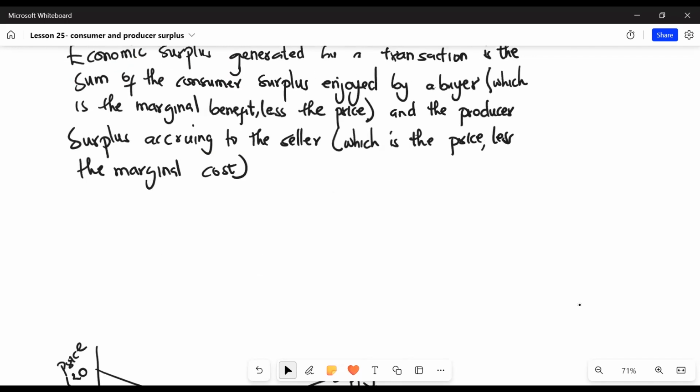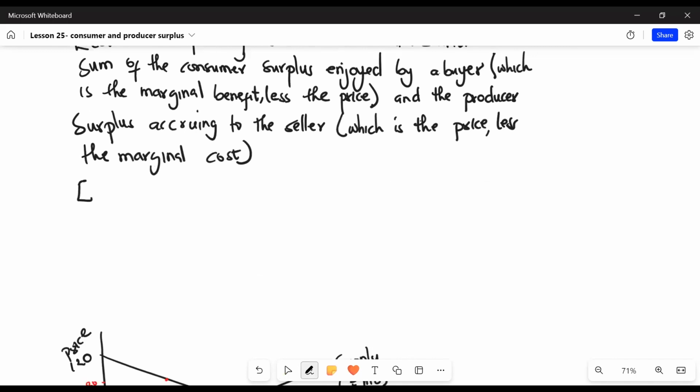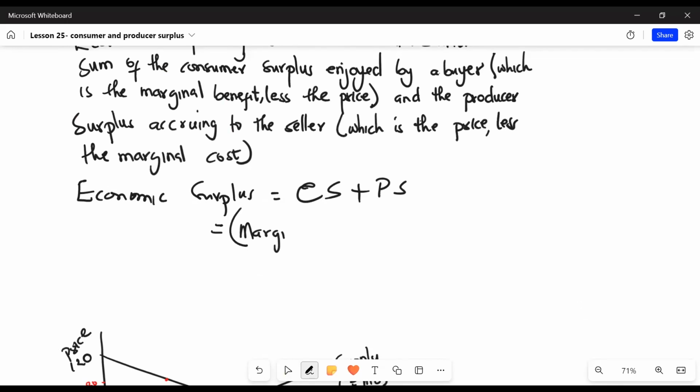So in this case, we can write economic surplus as consumer surplus plus producer surplus. Now remember that this is the same as writing consumer surplus is marginal benefits minus the price of a good, plus producer surplus, which is the price of a good minus the marginal cost.